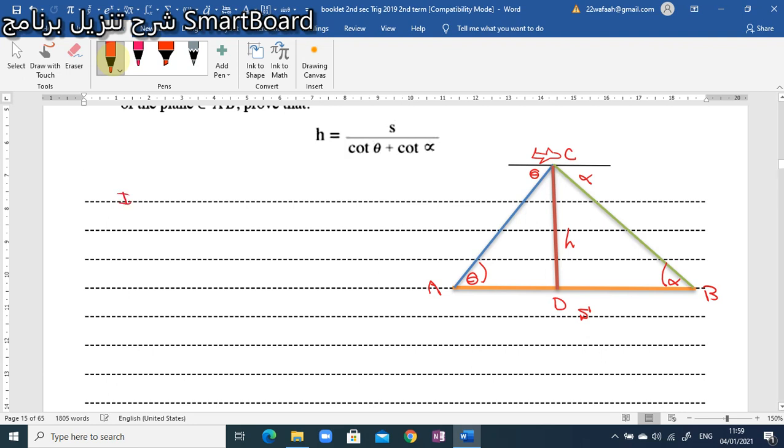In triangle ADC, we have cotan theta equal adjacent AD over H. So the length of AD equal H cotan theta. This is number one.